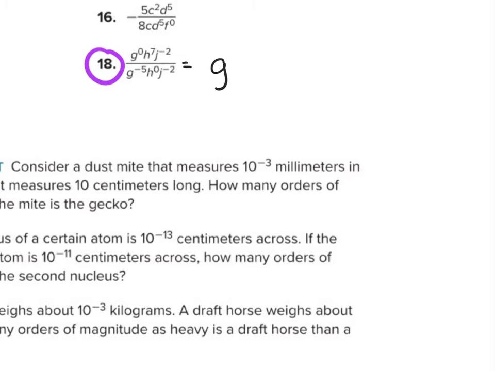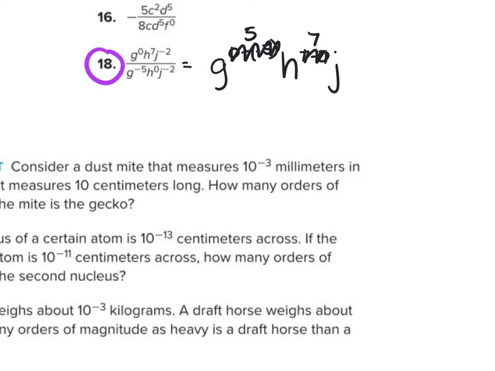Subtracted? Okay. So if I do g to the 0, remember this one's tough because it's minus negative 5. So what's 0 minus negative 5? Positive 5. All right, and then h will be 7 minus 0. Hopefully that one's easy, right? So that'll be h to the 7.